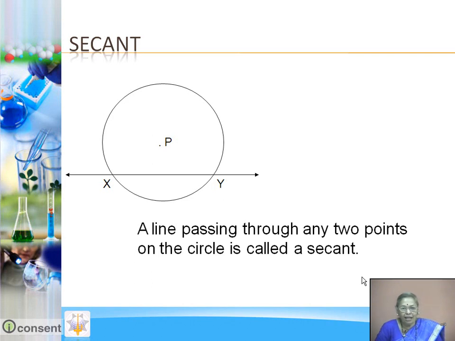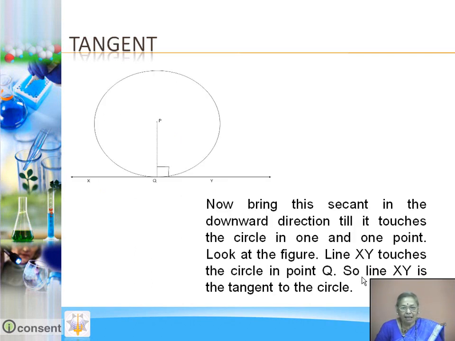Now when the line touches the circle in one and only one point, it is called the tangent of the circle. Now tangent is always perpendicular at the outer end of the radius.